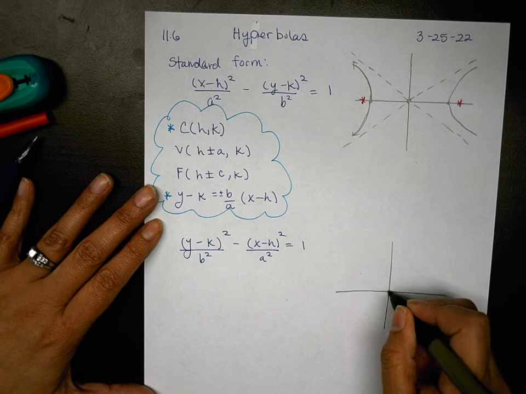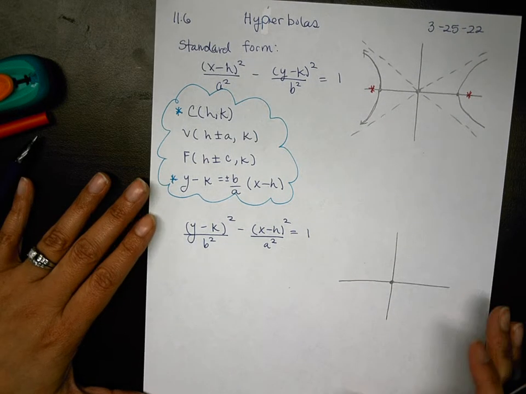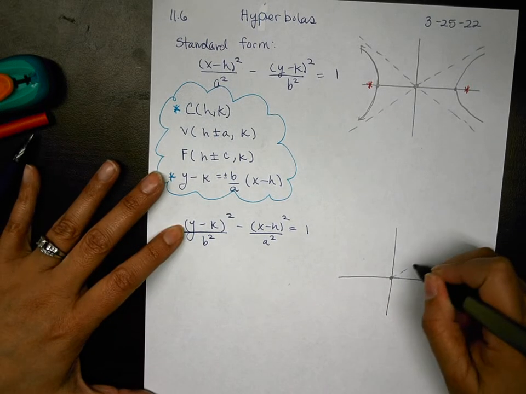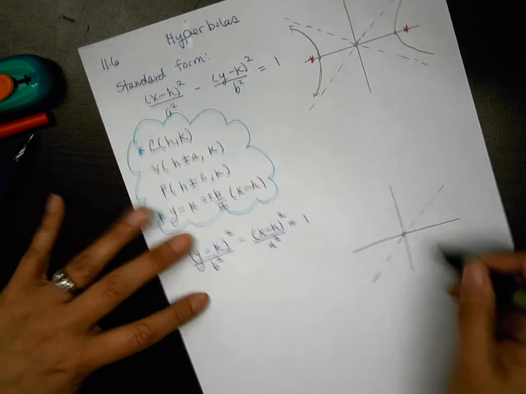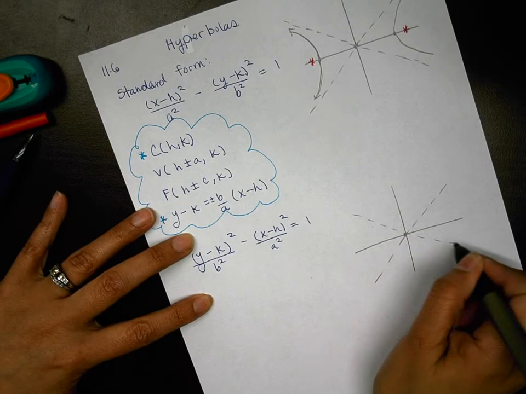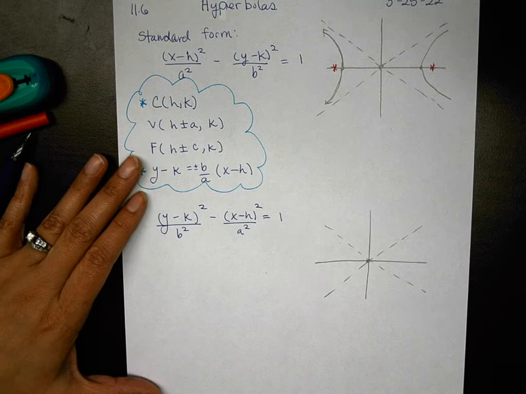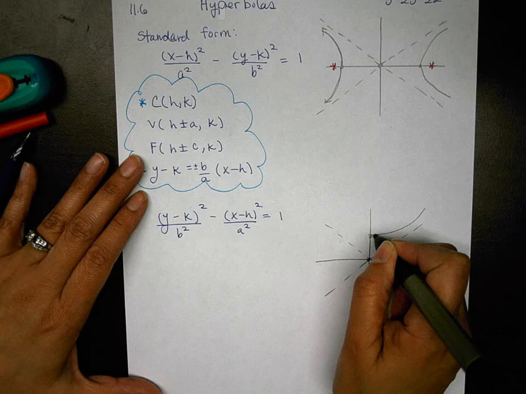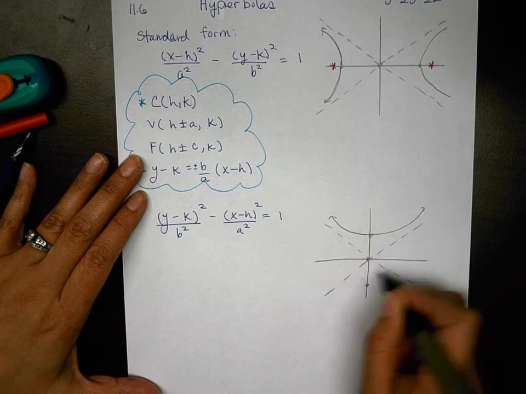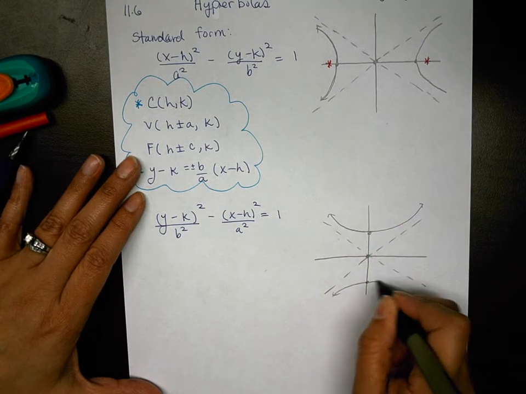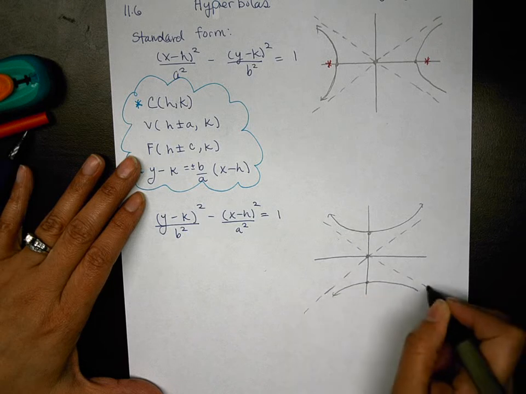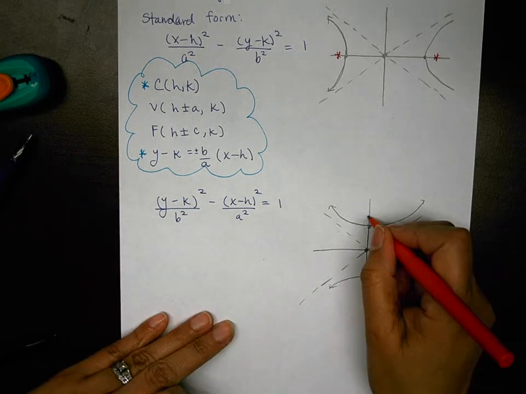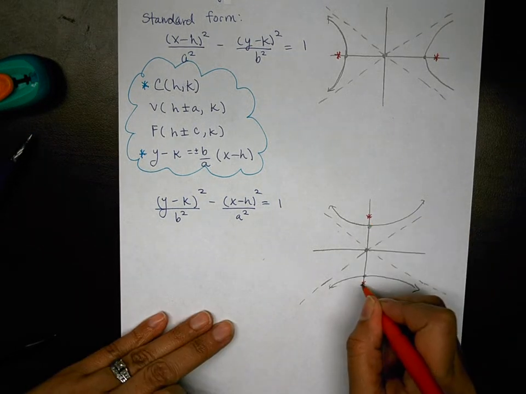I'm also going to center this one at the origin. They're not always at the origin. This one also has asymptotes. And the difference is this one opens up and down. And the graphs approach the asymptotes. Okay, and like the other one, the foci are inside the teacups.